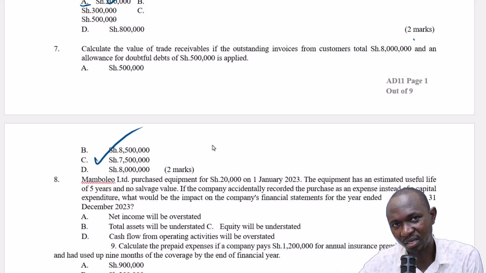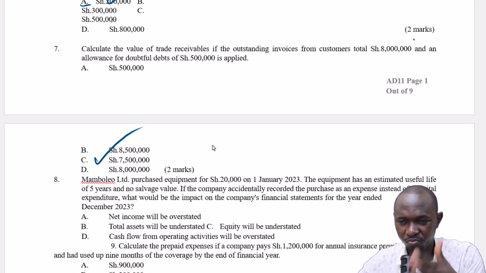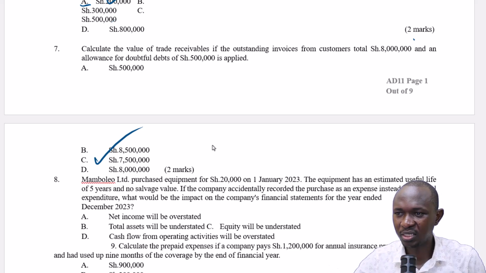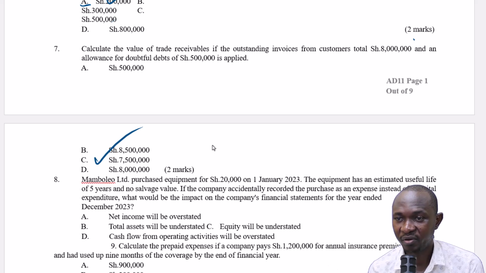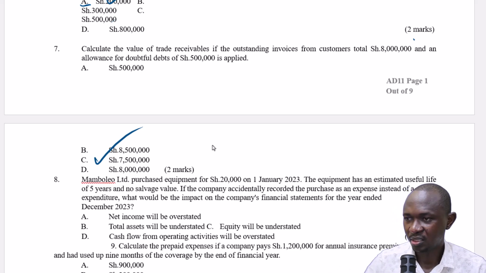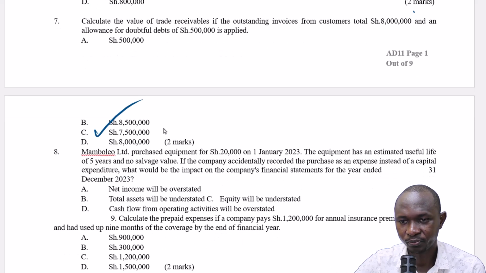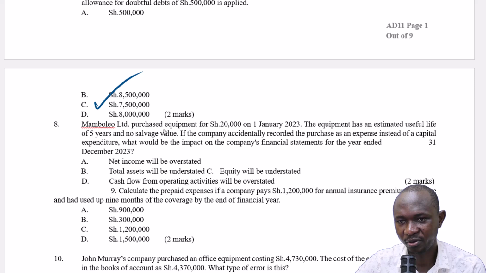Still the same thing. It has the effect of reducing the trade receivables figure. So the value of trade receivables, if we apply an allowance for doubtful debts of 500,000, will be 7.5 million. The correct answer is C, 7.5 million.